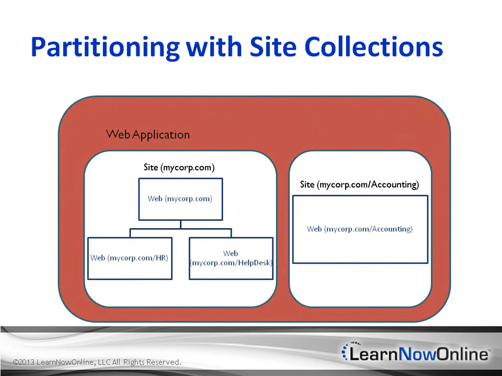And so what that allows you to do is partition data with site collections. In this example, you can have mycorp.com as the root site collection, with your root web, mycorp.com, which could contain the HR subsite and the help desk subsite.